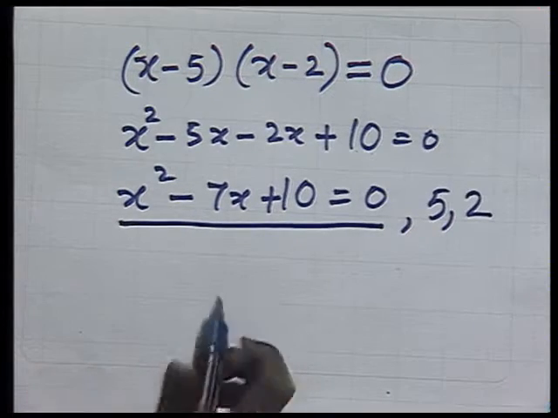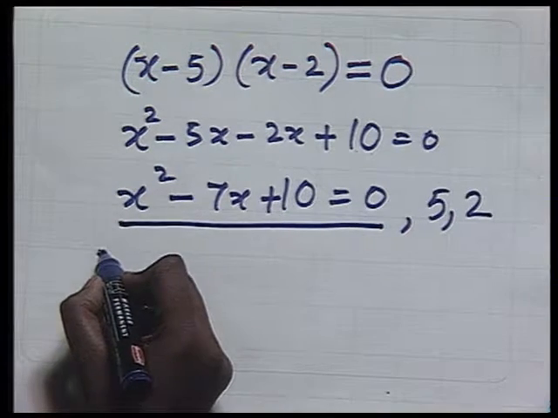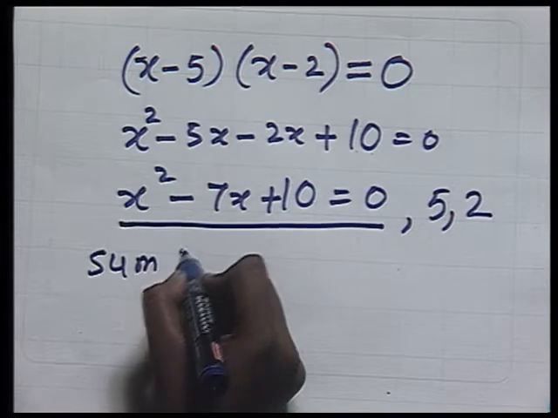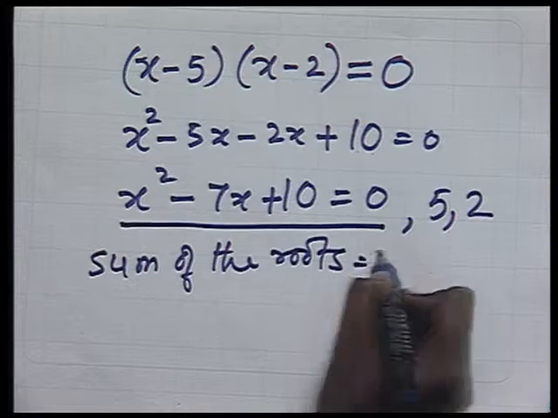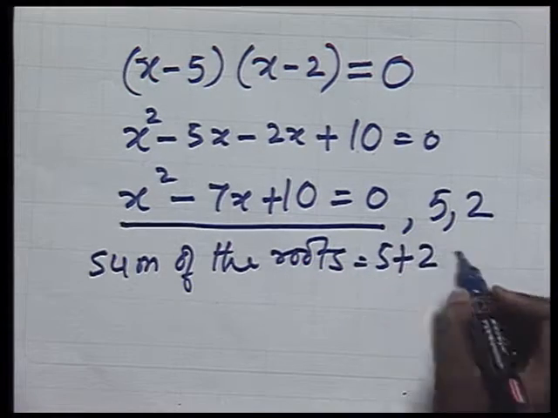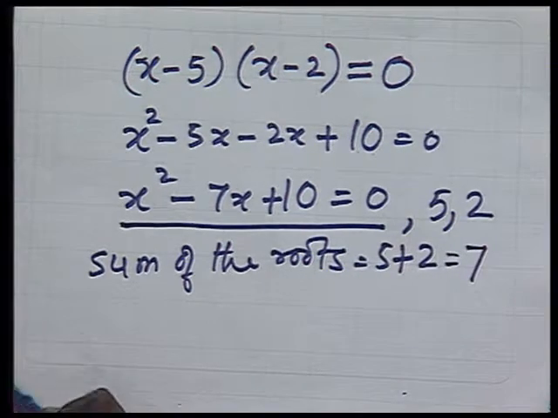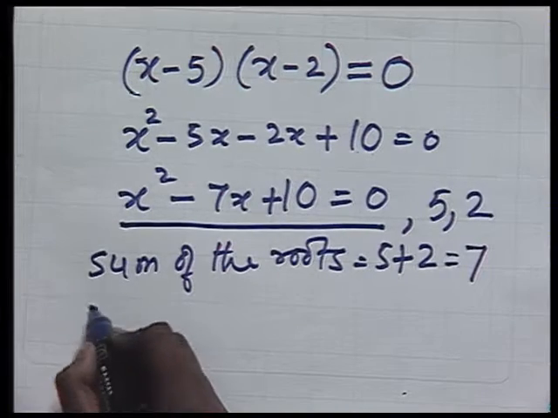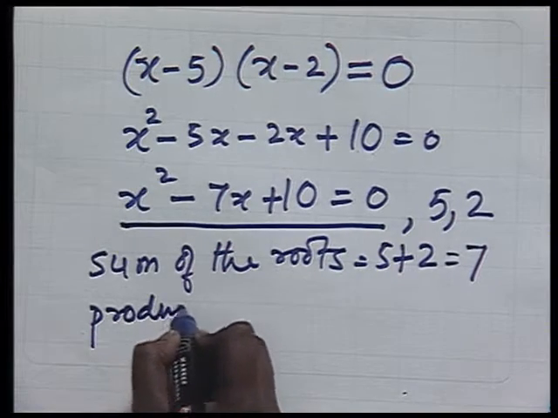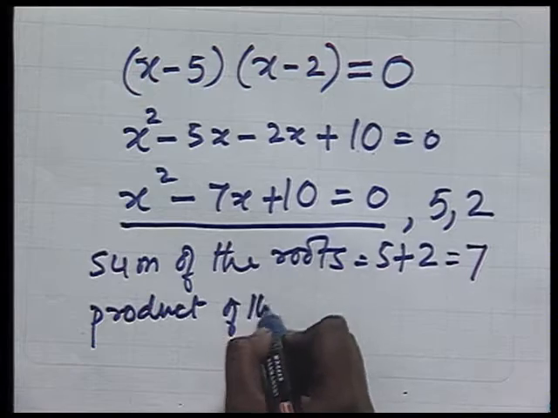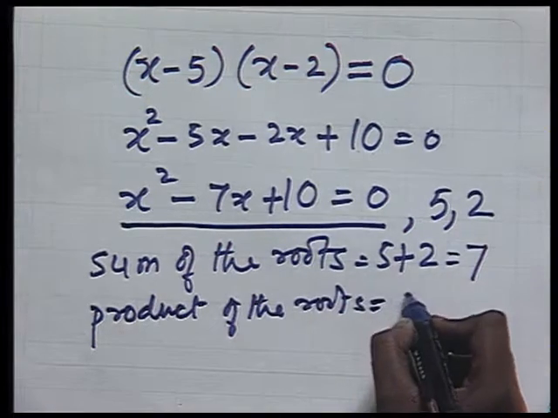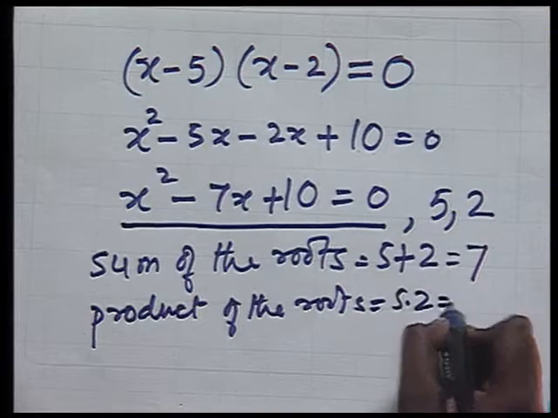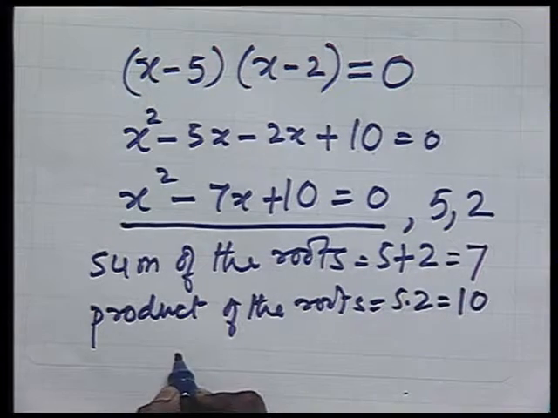Therefore, the sum of the roots of this equation will be 5 plus 2, which is equal to 7, and the product of the roots of this equation will be equal to 5 multiplied by 2, which is equal to 10.